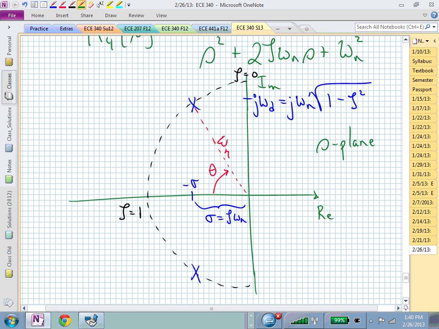What does that mean? If you have 2 poles at j1, is that a bounded input, bounded output system? If it's not, what input waveform could you apply to that system to cause an unbounded response? You could hit it with 1 radian per second, couldn't you?